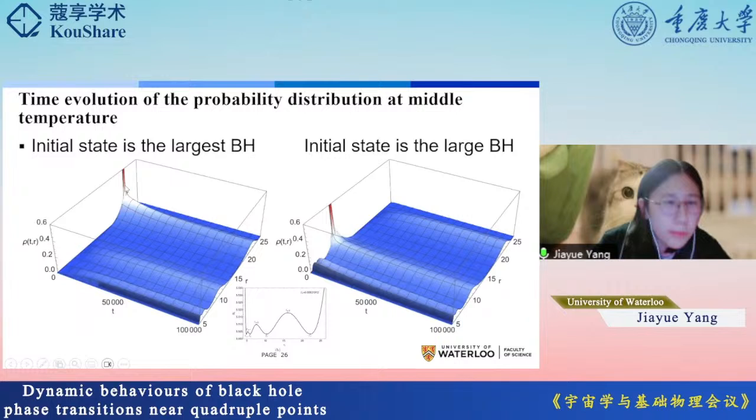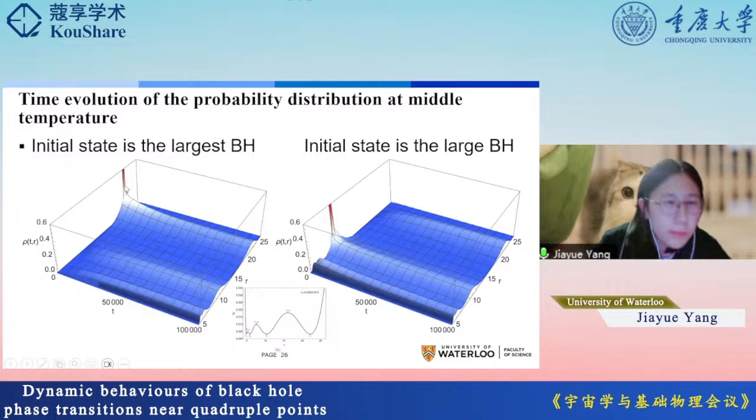After a sufficiently long time, this probability distribution will be such that the four stable phases all share the same probability. And also for the initial small black hole and the initial smallest black hole.